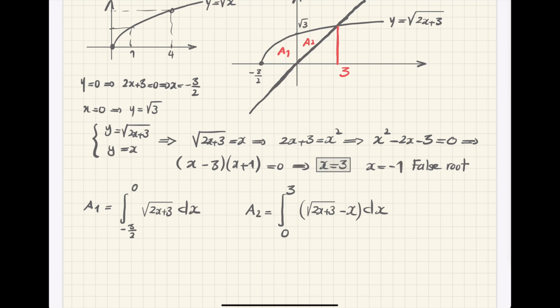But I hope that you now realize what is the problem. Can you realize what is the problem here? For example, concentrate here. It's still a little bit problematic, yes? We don't have any method or any algorithm to find the primitive function for the square root of 2x plus 3.